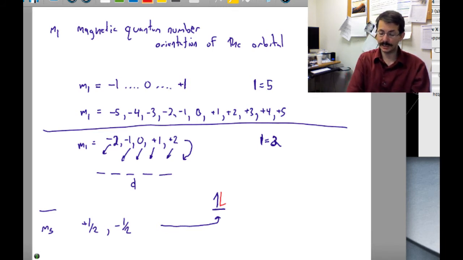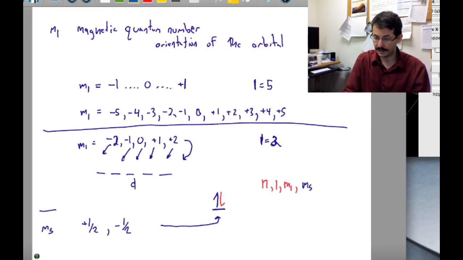So these two electrons would have the same set of quantum numbers, n, l, M sub L, but their M sub S values would be different. And we would describe their quantum numbers.